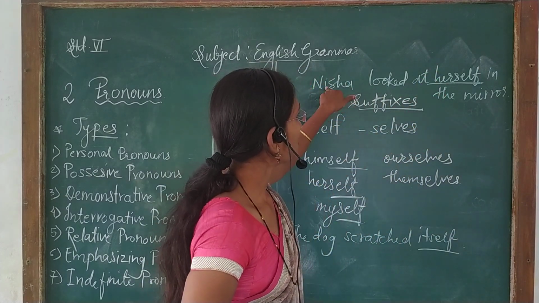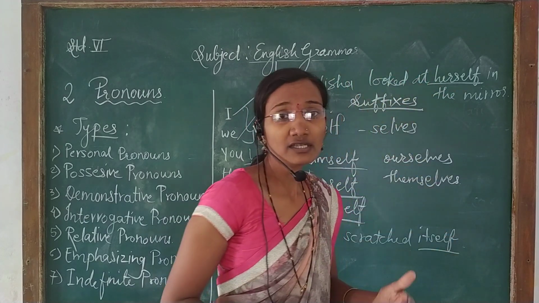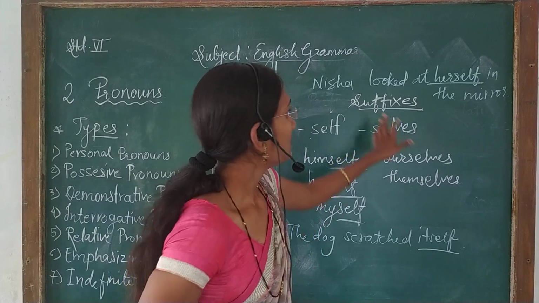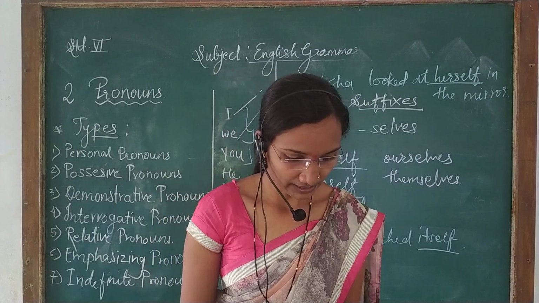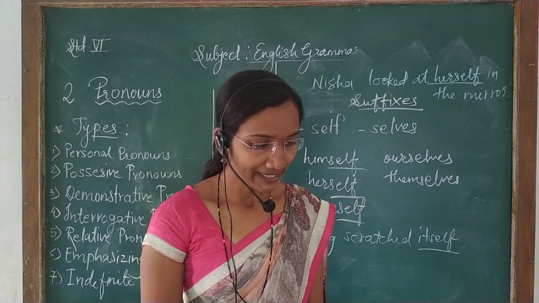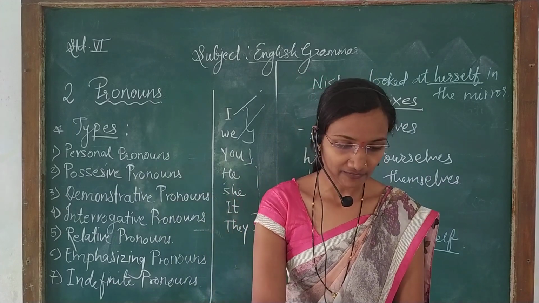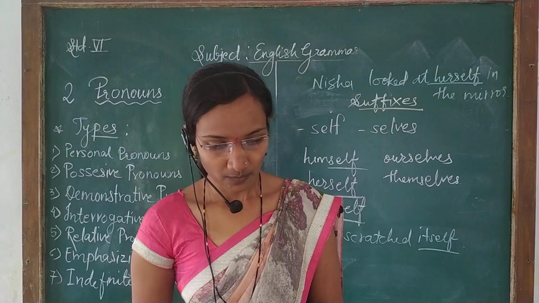So Nisha herself, okay, about her. So she herself is looking in the mirror. Okay, so in this way we use emphasizing pronoun. Then the examples: myself, yourself, yourselves, himself, herself, itself, ourselves, yourselves, themselves. These are the emphasizing pronouns.